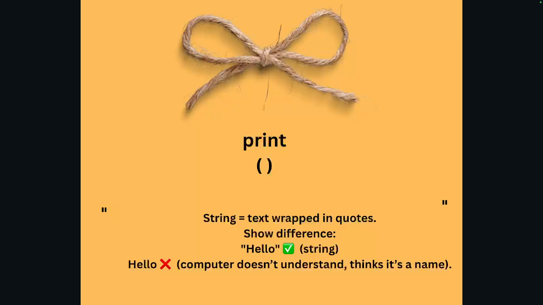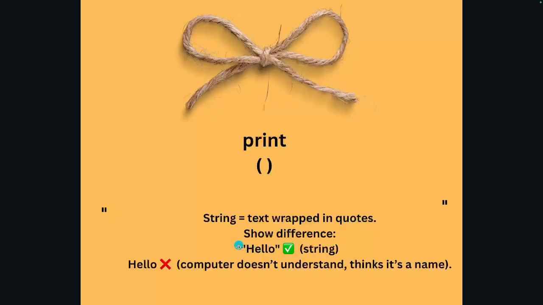When you talk to a computer, there are some rules. If you want to print something, and if it's English words, for example, if you want to print hello world or hey hello, then you have to put it in quotes. That's the Python language rule.